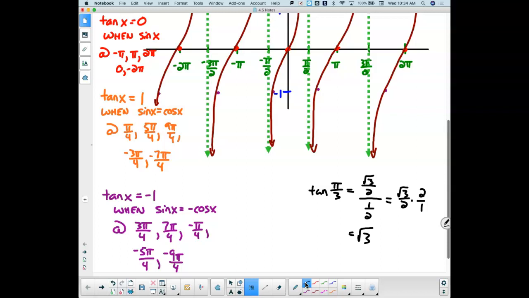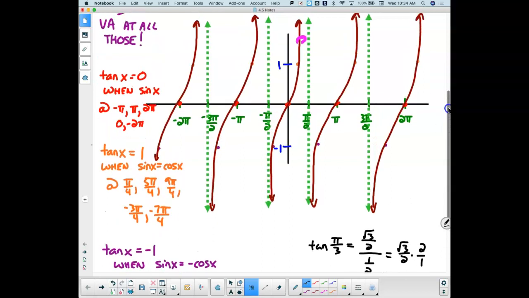What is the square root of 3? Approximately. It's 1 point something, right? It actually ends up being 1.732. Okay, approximately. Would that fit our graph?